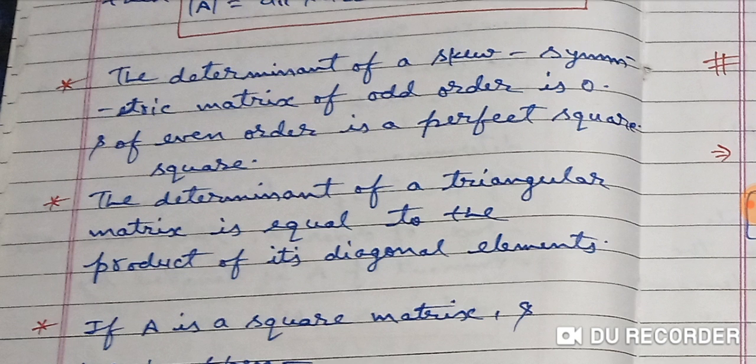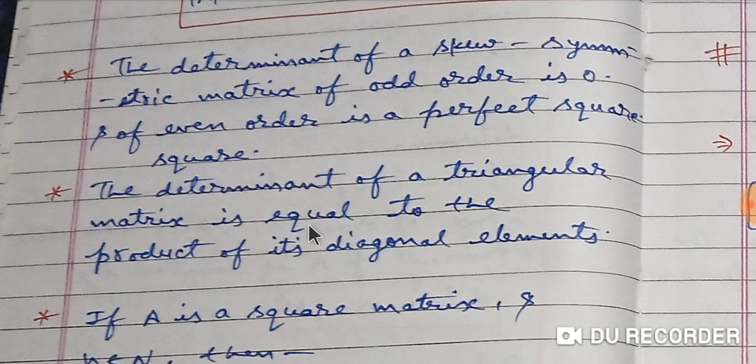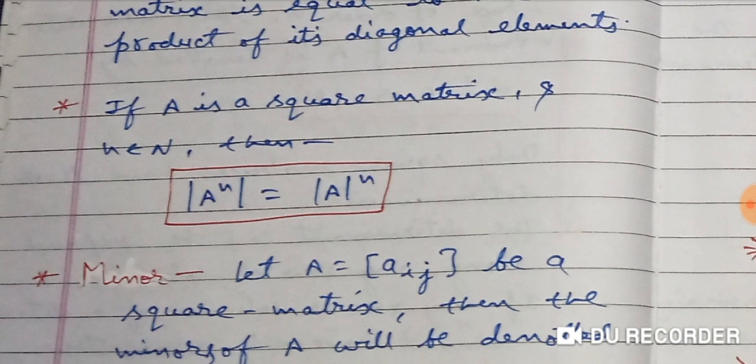In an upper triangular matrix, all the elements below the leading diagonal are 0, and in the lower triangular matrix all the elements above the leading diagonal are 0. So we have to just find the product of the diagonal elements, and this will be equal to the determinant of the triangular matrix.